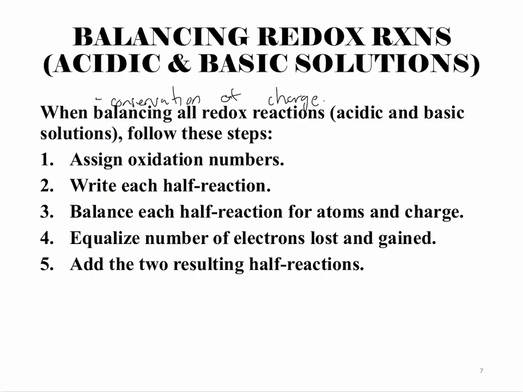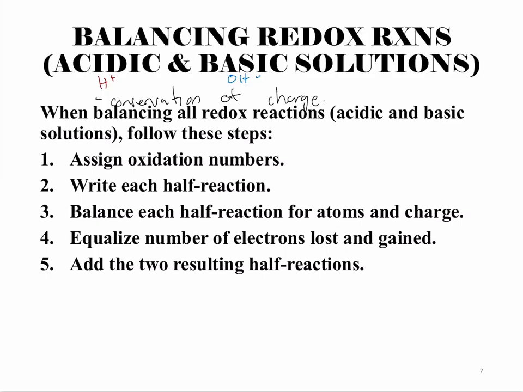The concentration of what? Yeah, hydronium ion, right? So we have a source of H plus ions in acidic solutions, right? And in basic solutions, we have a source of what? OH minus, right? We have OH minus in basic solutions.